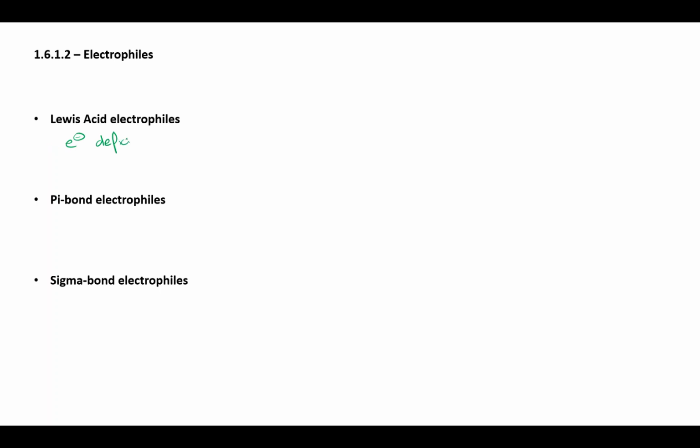Lewis acid electrophiles are those electron deficient atoms, carbocations being the biggest one. We have neutral boron or aluminum, and then we have things like carbenes and nitrenes, which are new. We haven't really even got to them yet.